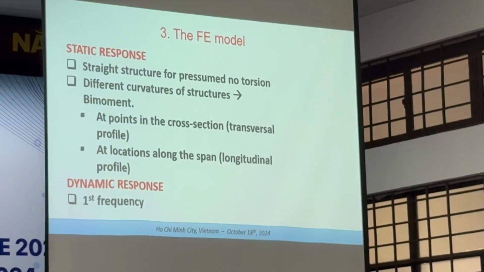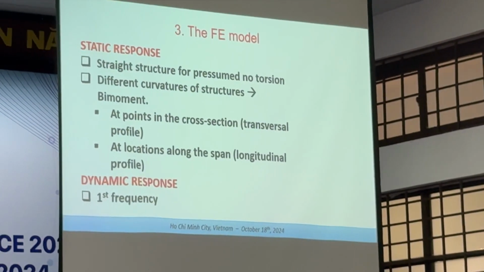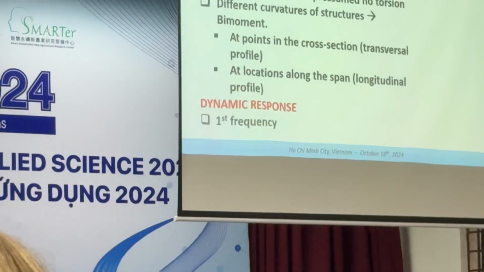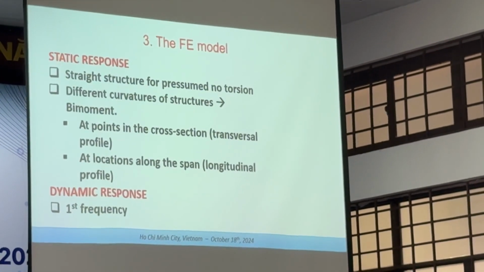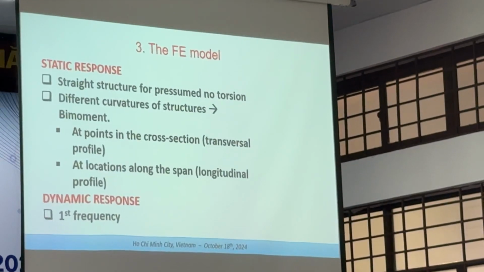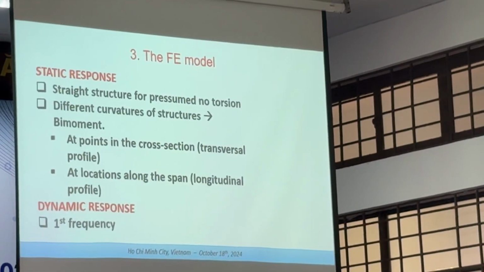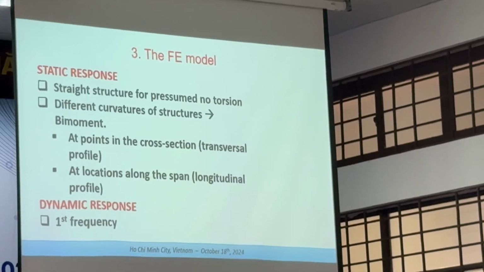So we use a straight girder for the pilot structure, and we conduct 3 models of curved girder, with 1, 2, or 3 cells.